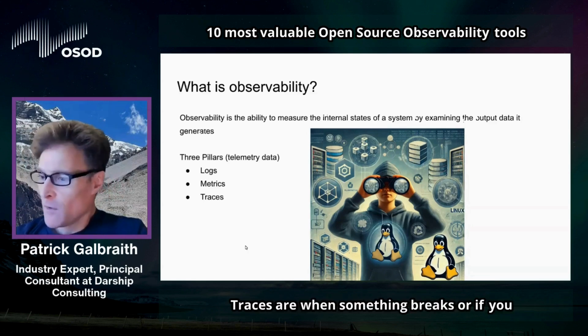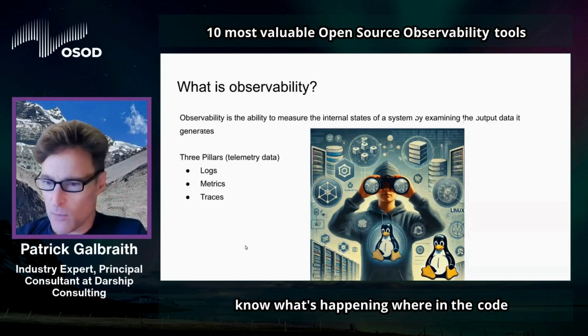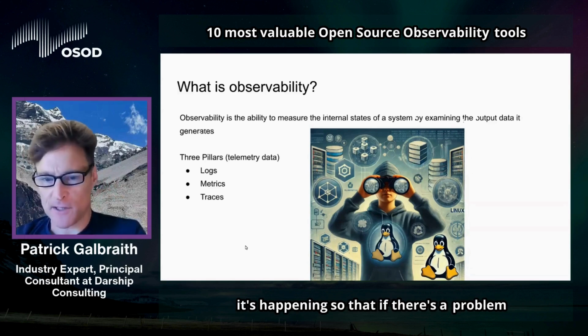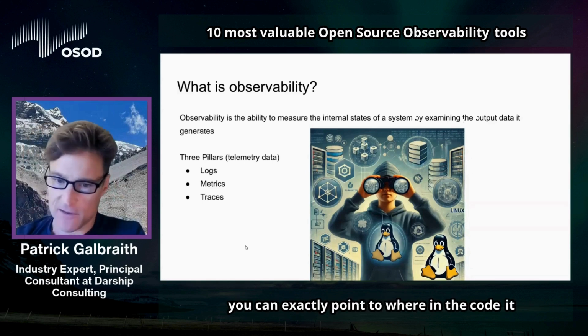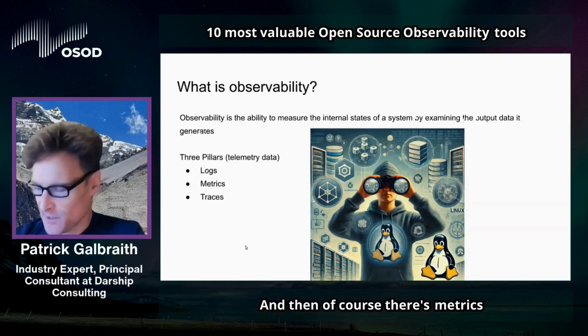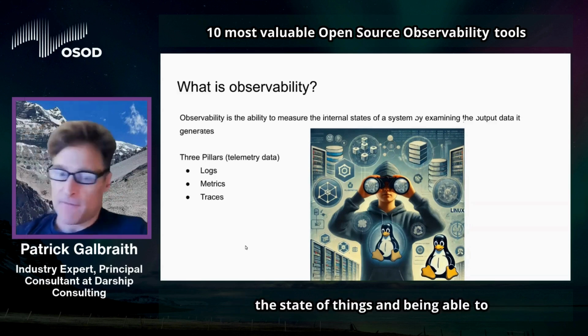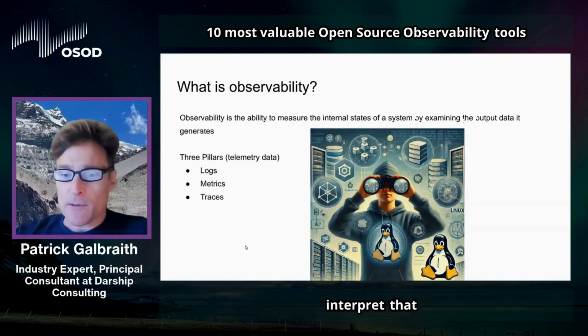Traces are when something breaks, or if you choose to have something in your code to show where something happens, that you know what's happening, where in the code it's happening, so that if there's a problem, you could exactly point to where in the code it had a problem. And then, of course, there's metrics. That's just a lot of digital data showing you the state of things and being able to interpret that.